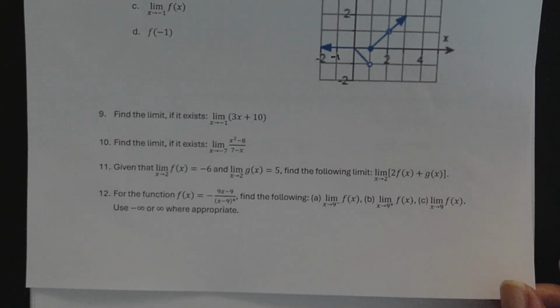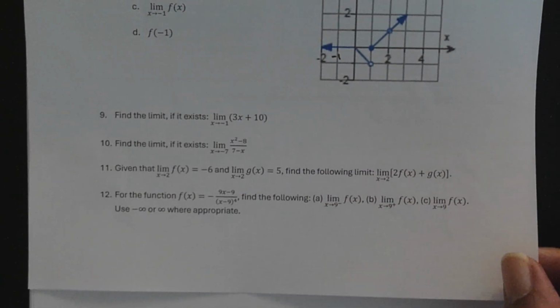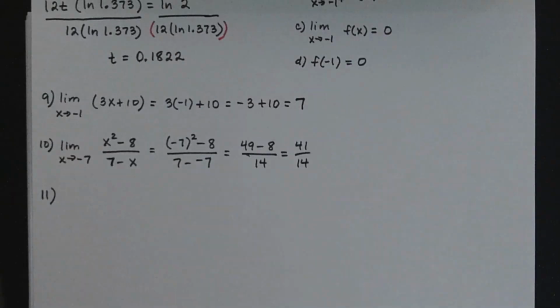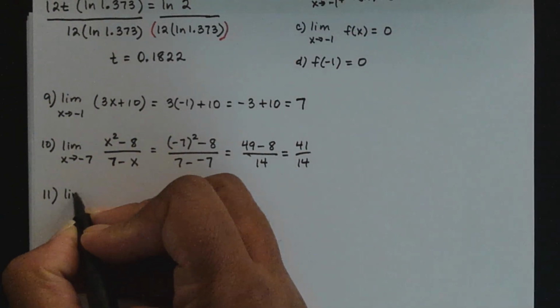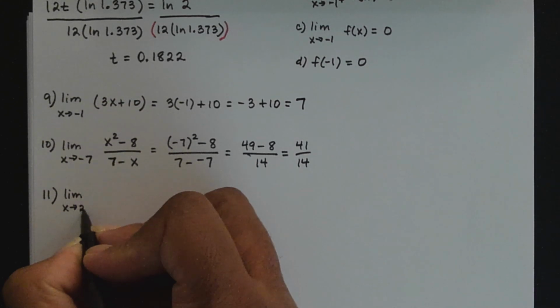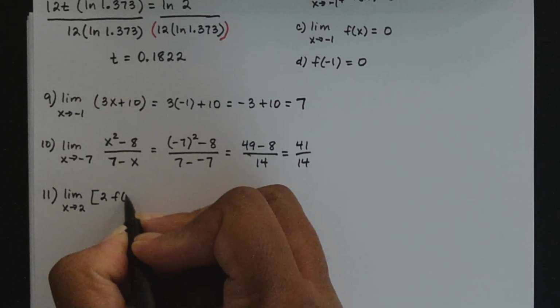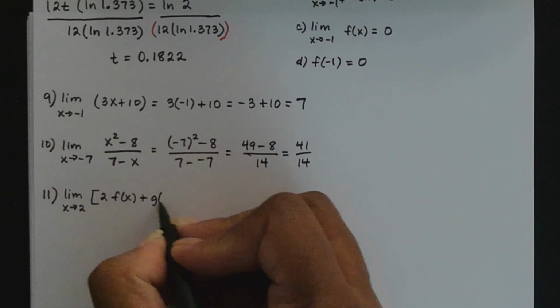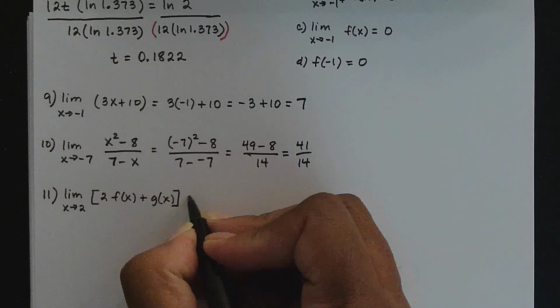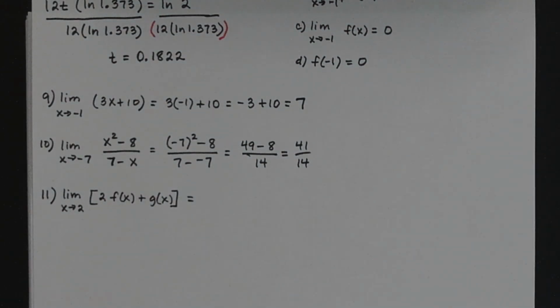Here we're going to find the limit as x approaches 2 of 2 f of x plus g of x. All right, in this case, we're going to have to use some of those limit laws before we start figuring this out.